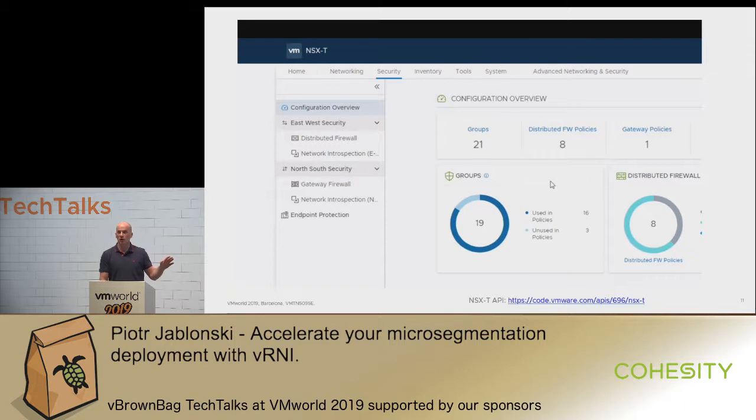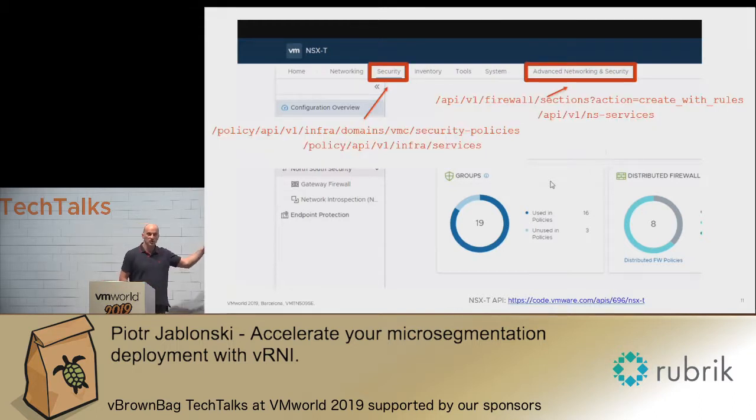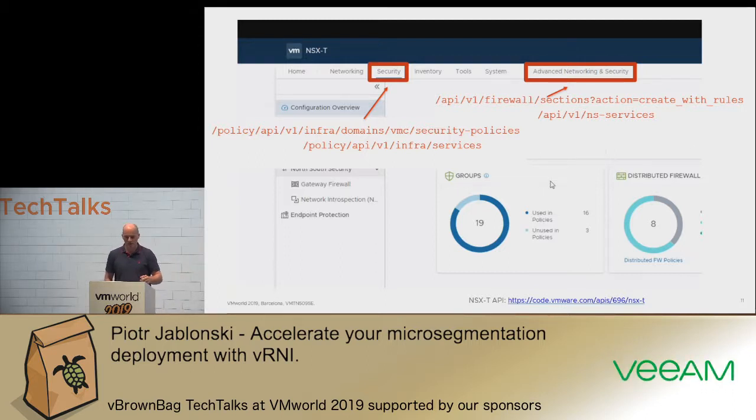Please take note that NSX-T has two APIs, two distributed firewall branches. The old one is available under the Advanced Networking and Security tab, and the new one, the Simplified User Interface, is available under the Security tab. So this is a bit misleading, because once you configure your firewall rule in one of these tabs, the other tab cannot be used to modify those firewall rules.